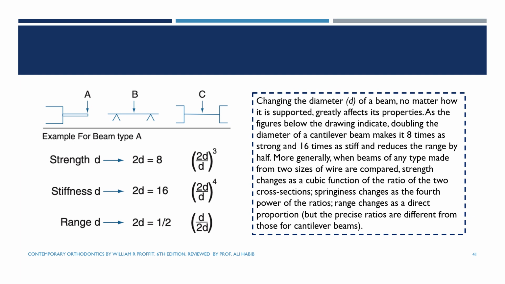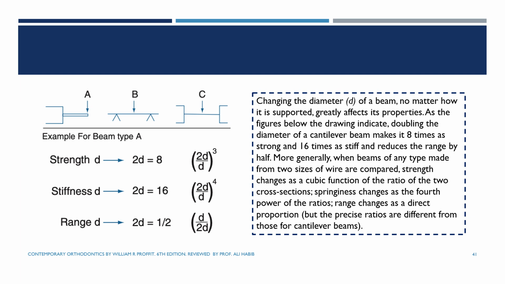An example of the cantilever spring is the finger spring that we use in removable appliances when we try to move a tooth out of crossbite or tip the first molar distally. Another example is the cantilever spring used sometimes to extrude or intrude a canine, as you will see in the next part of this chapter.